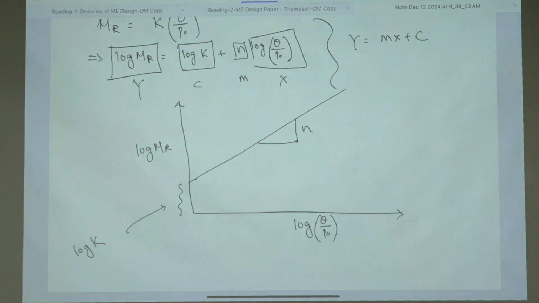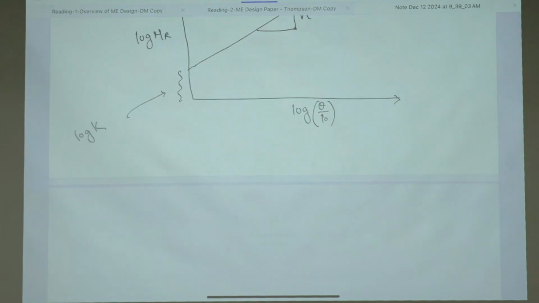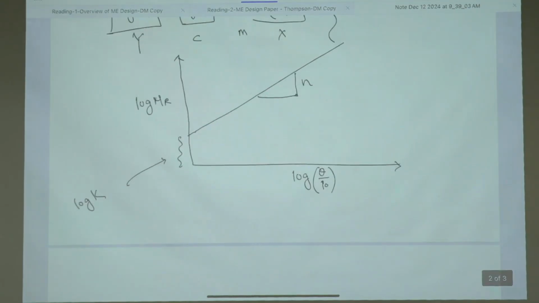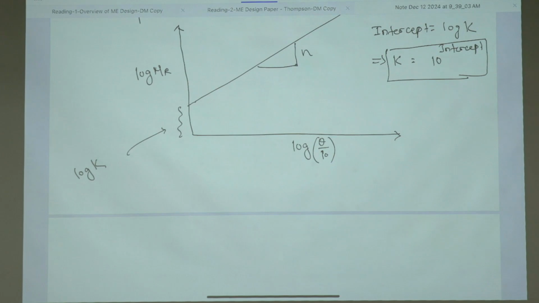So you directly get your n. You don't get k directly. You have to take your intercept. So intercept is equal to log k. That means k is equal to 10 raised to the power intercept, because I am doing base 10 log, normal log, and n you get directly.